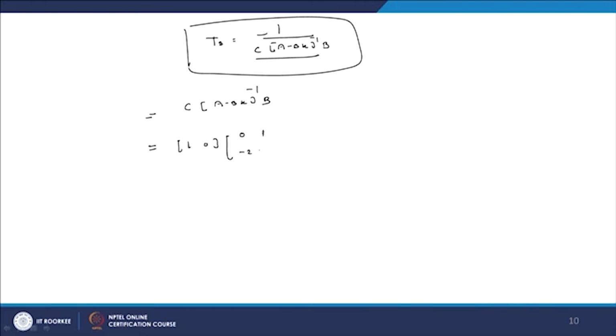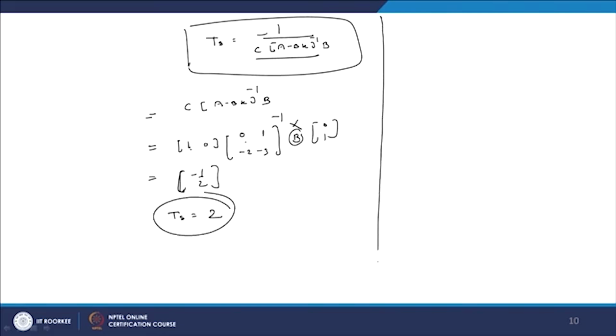If you multiply this out, it comes to minus 1 by 2, and putting it in this Ts, we get Ts as 2.